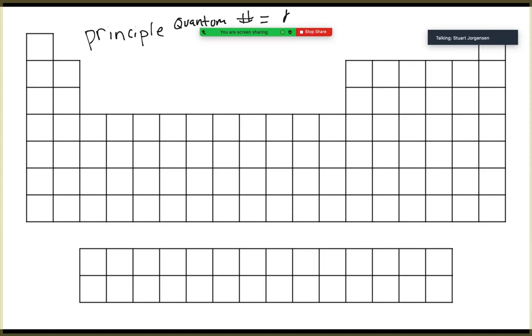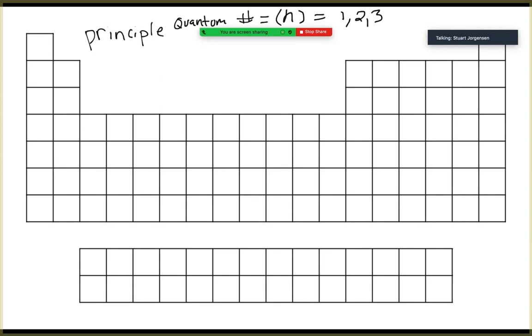It's often identified with n, which is the same as our original electron configurations. And it's going to be just a whole number integer, starting with energy level 1 and working its way out. So this is just telling you what energy level you're on and describing the general size of our electron orbitals.